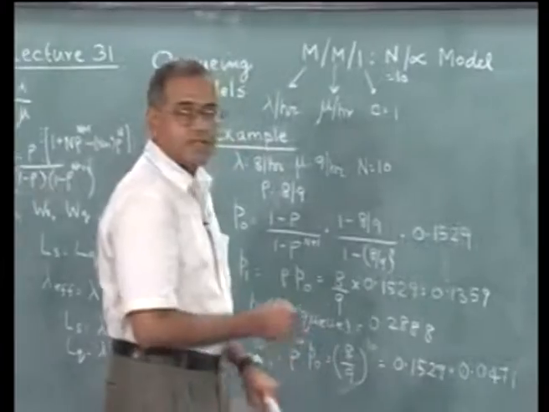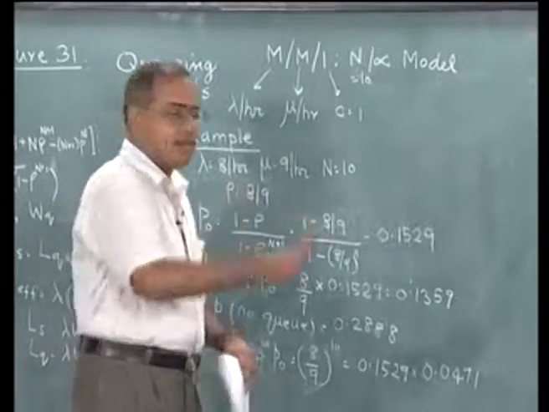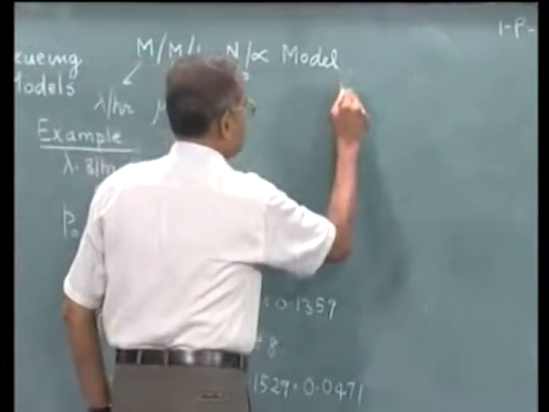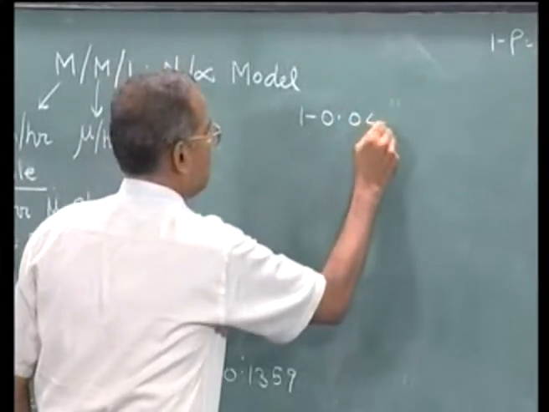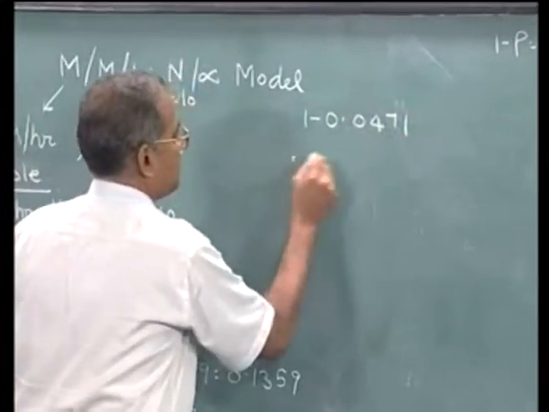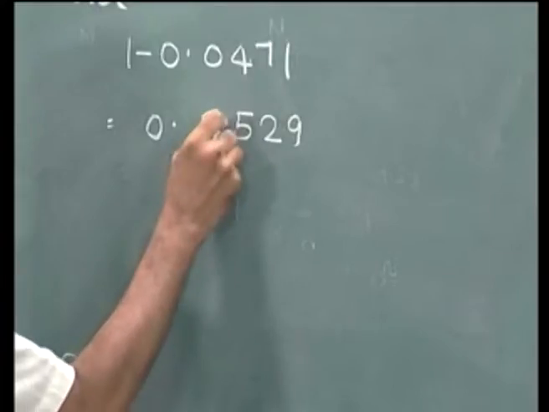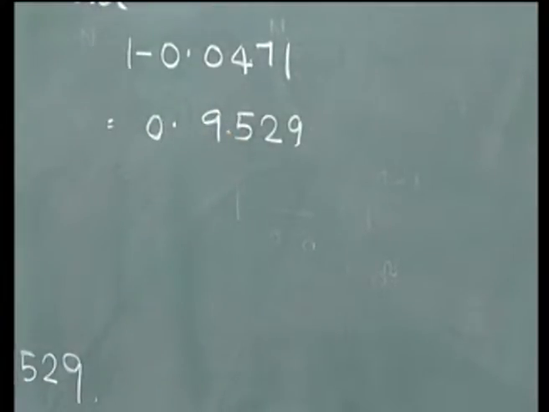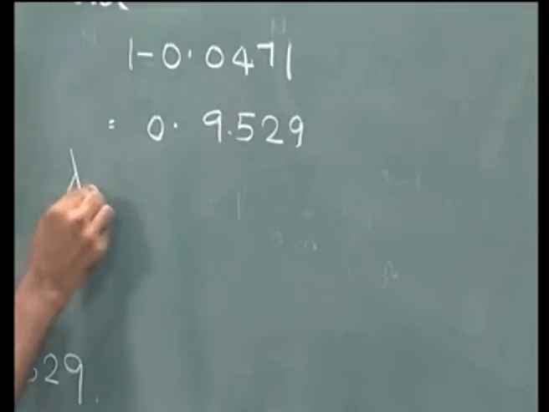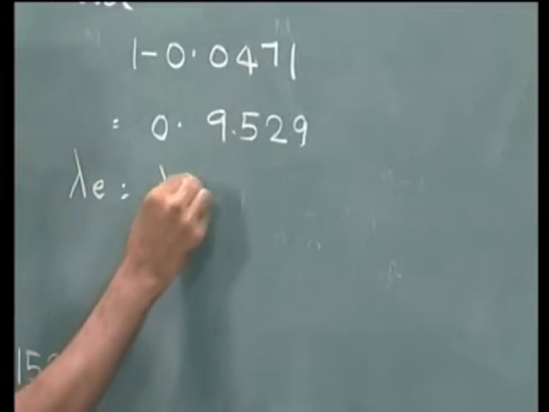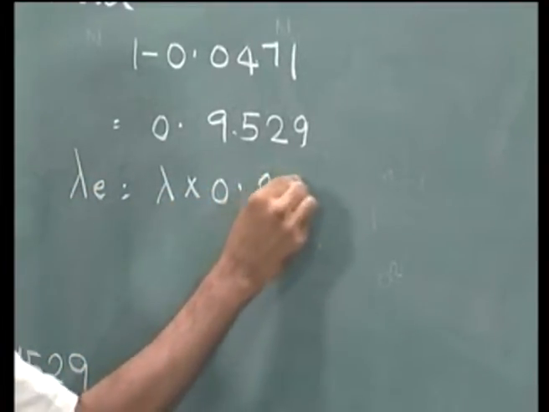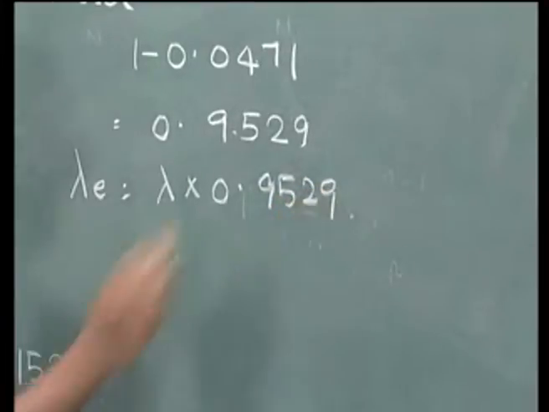So, probability that a person coming in joins the system is 1 minus 0.0471, which is 0.9529. So, the effective arrival rate lambda e will be lambda into 0.9529, which will be less than 8.